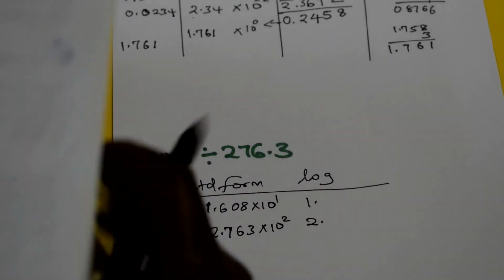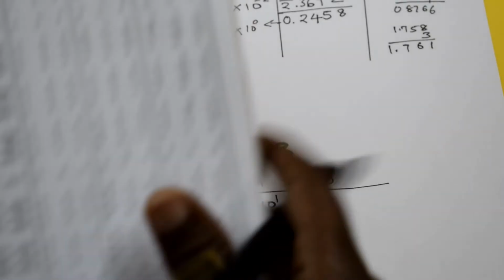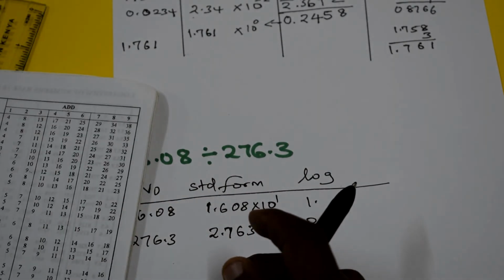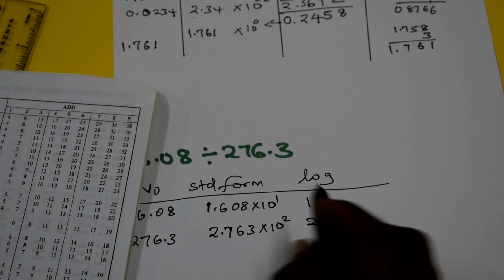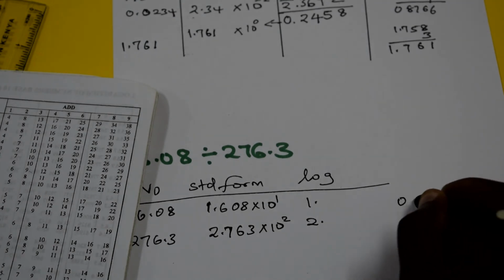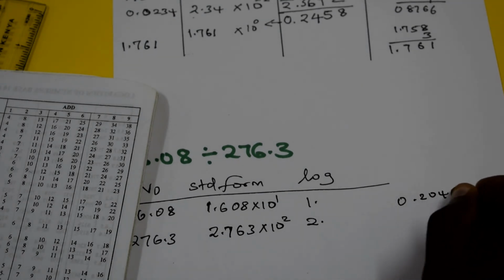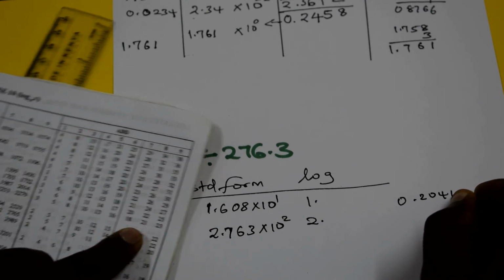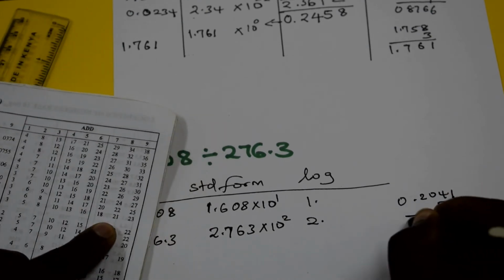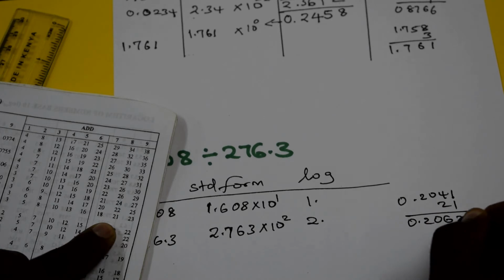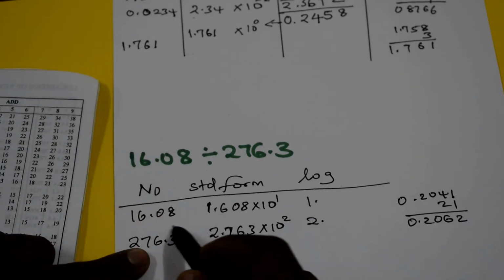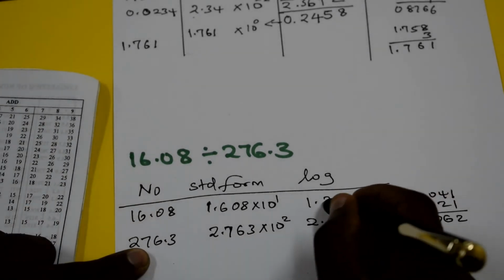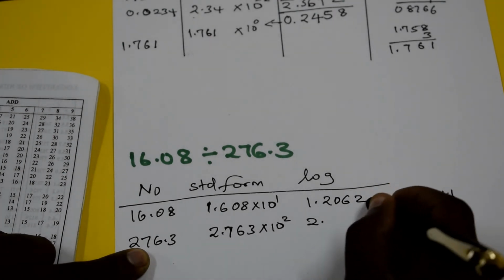So when we read this one from the table, 1.60 will give us 0.2041. Then we add 2, value at 8, it gives us 21, so 0.2062. So the log of 16.08 will give us 1.2062.